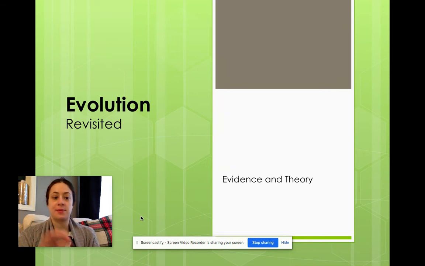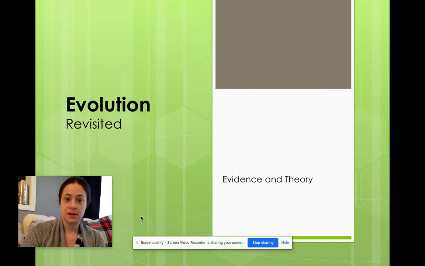But as we have learned about biochemistry and genetics, we're returning to look specifically at the evidence for evolution and how evolution occurs over time and how there are changes in the genes over evolutionary time. So, this is Evolution Revisited.